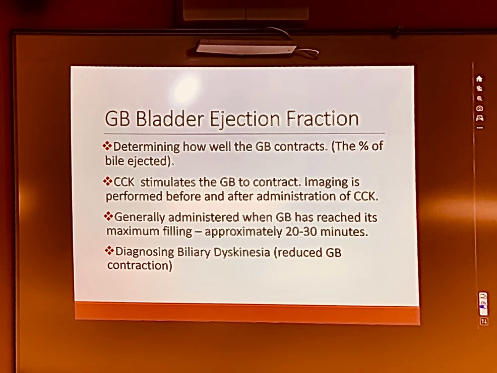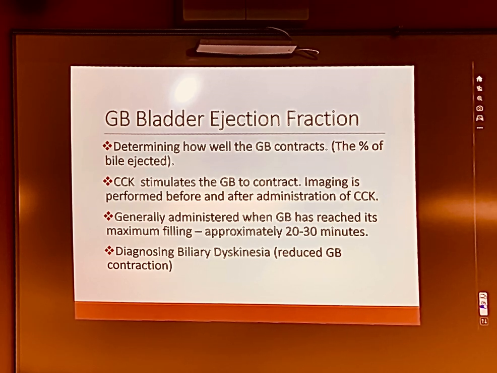The more common way to do it is dynamically. Regardless of how you do the HIDA, whether statics or dynamic, it doesn't matter. If you're doing the CCK dynamically, you put the patient under the camera, you hit the start button, you let one image collect, so you wait for 1 minute in, then you start administering the CCK, and you image for however long your protocol is.